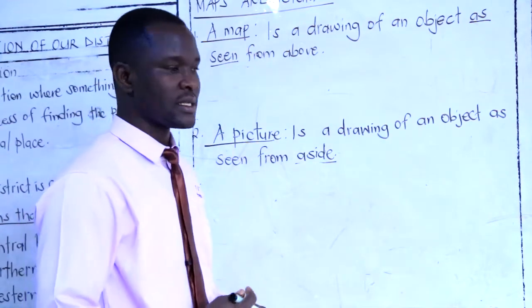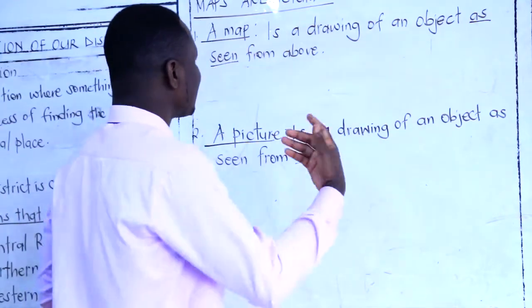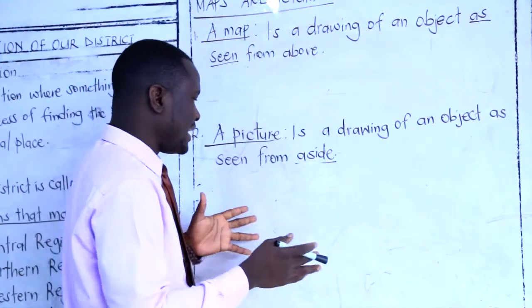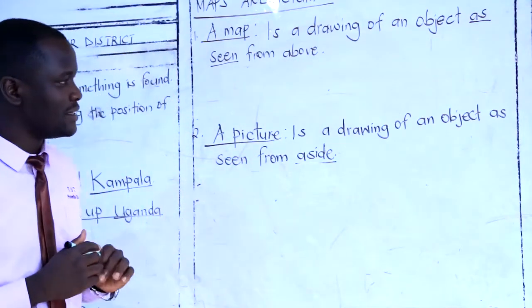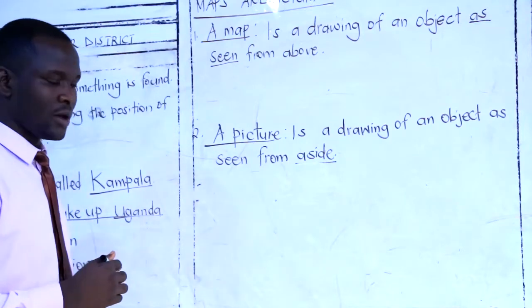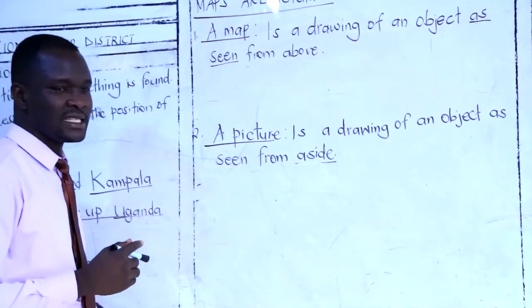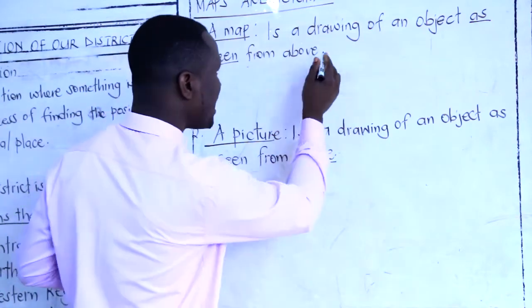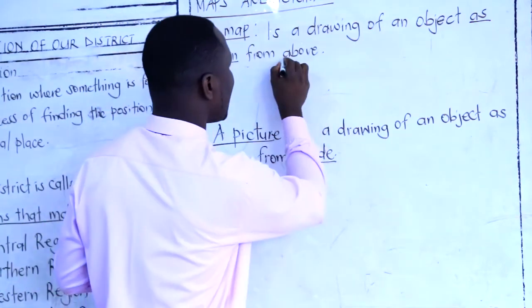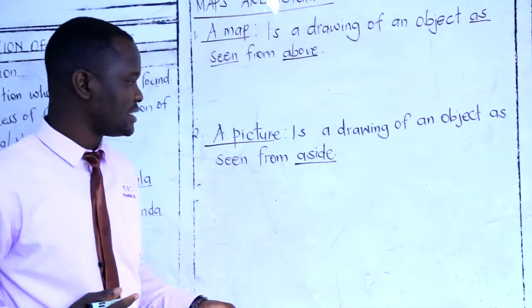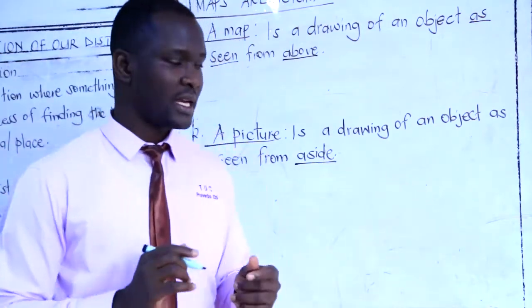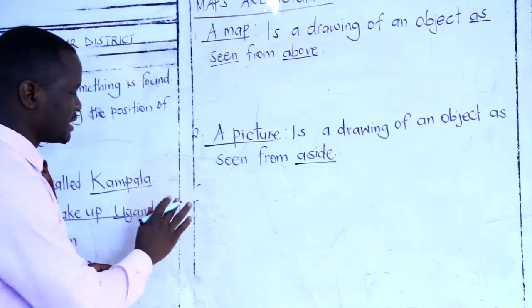A map is drawn as seen from above, while a picture is a representation of an object as seen from aside. That is the difference. A map is drawn as seen from above, while a picture is drawn as seen from where? Aside.